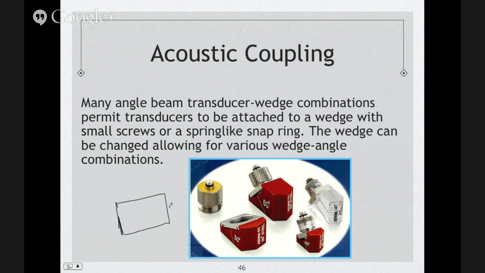And for every angle you will need a different transducer. So instead of paying maybe $400 or $500 for each transducer, it's better to pay for one transducer and then just change the wedges, which are a lot cheaper.